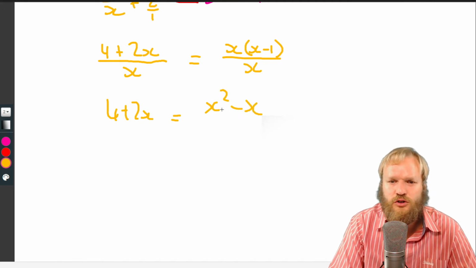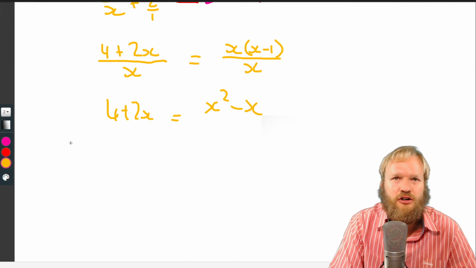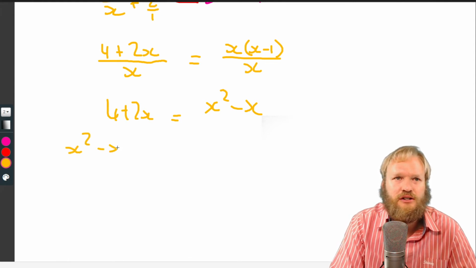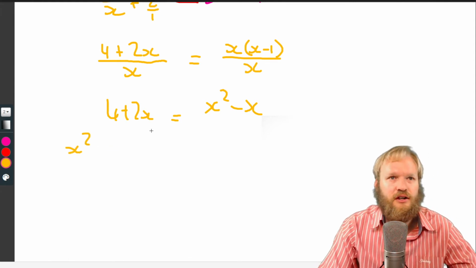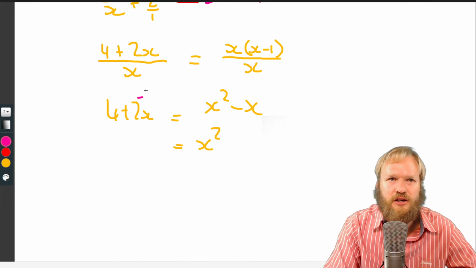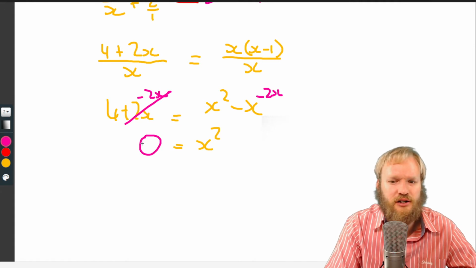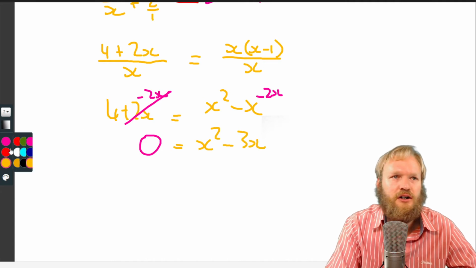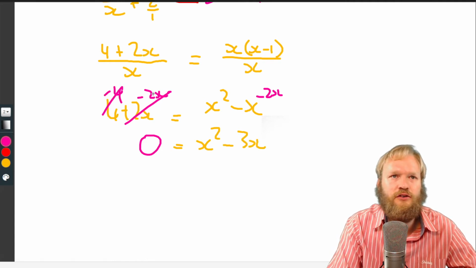Okay, quadratic equation. We're going to rearrange. Let me do it on this side, might make more sense. So we've got x squared, and let's subtract 2x on each side, because what we want is 0 on this side. We've got x squared minus 3x. Let's subtract this 4.